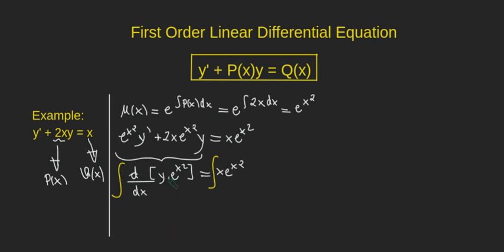Because this is a continuous function, this will be y e^(x squared) equals this integral here. Let's solve this integral on the next page. So let's solve the integral of x times e^(x squared) dx.